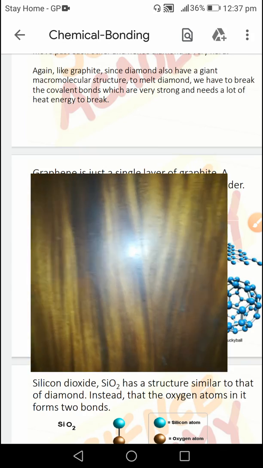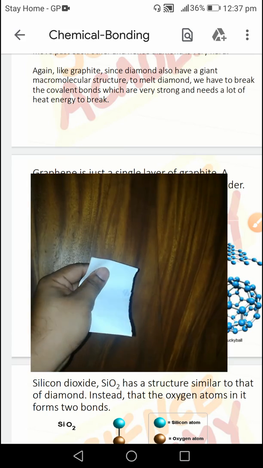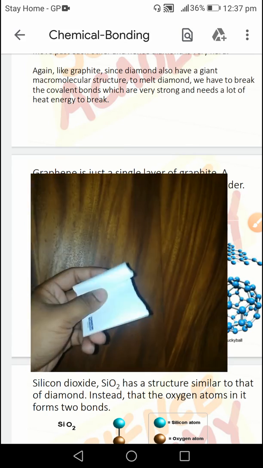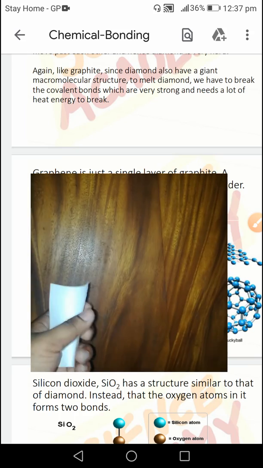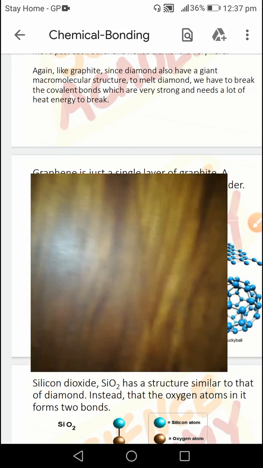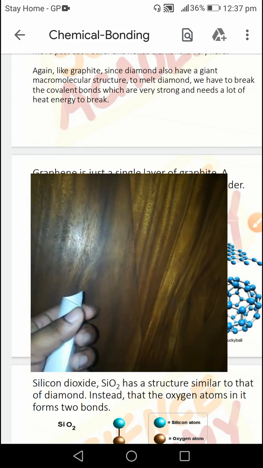So in graphene, we have to deform the single layer by putting force, which is very much difficult. And in the nanotube, the case is the same.